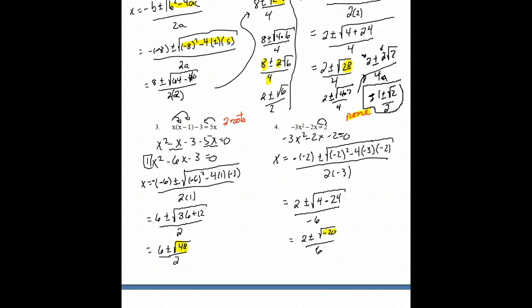Come back here. 48 is 16 times 3. And you would have 6 plus or minus the square root of 16 times 3, all divided by 2.